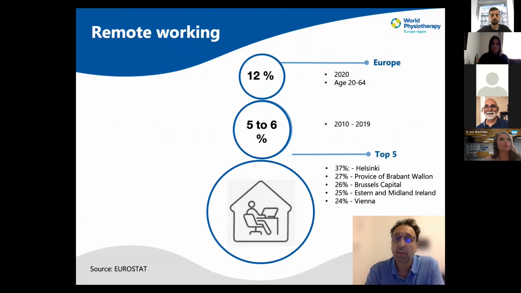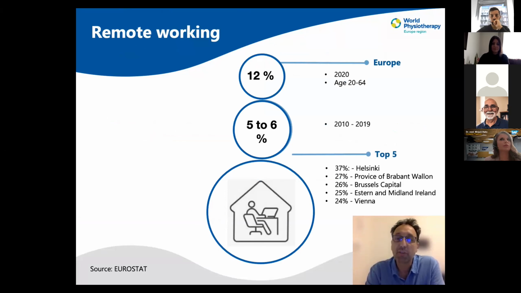Before the pandemic, some 5 to 6% of the people between 20 and 64 engaged in remote working. In 2020, this doubled to 12% on average. This is taking into consideration all professions. An article in Forbes reports similar numbers for the US, where before the pandemic, 4% was engaged in remote or telework.